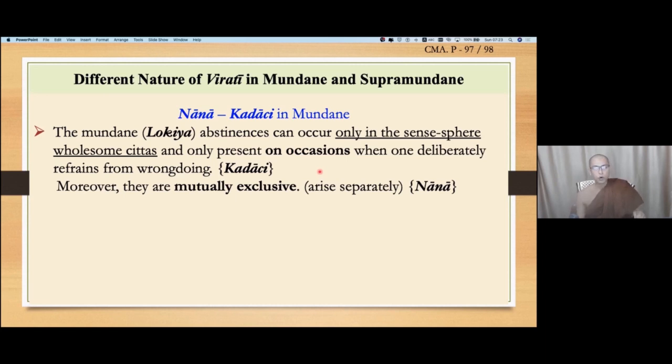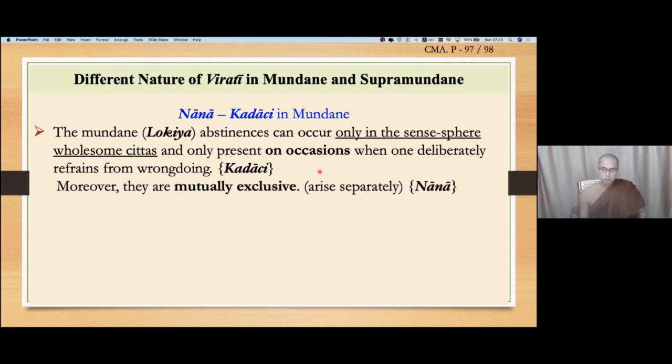At that moment, the abstinence, that is the right speech, the mental factor of right speech, Samma Vacha, will be present. And the other two, Samma Kammanta and Samma Ajiva, will be absent.